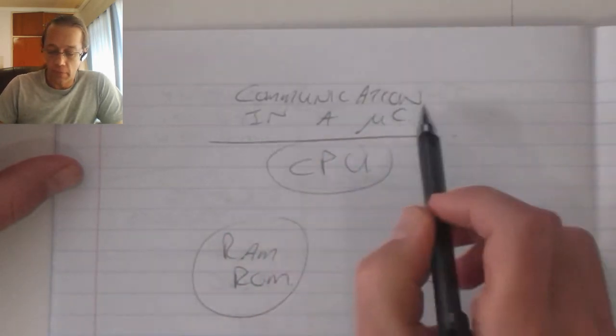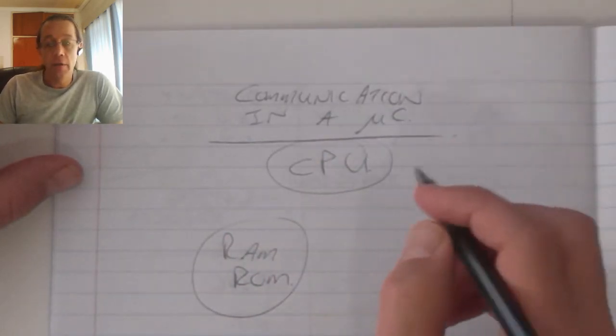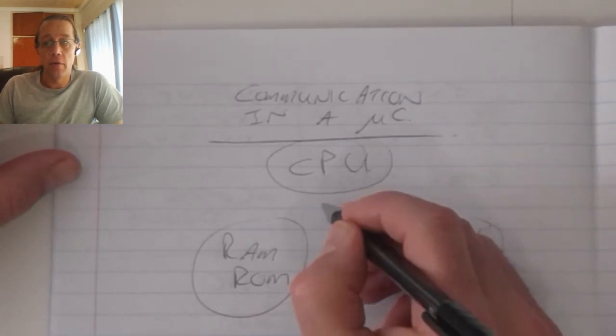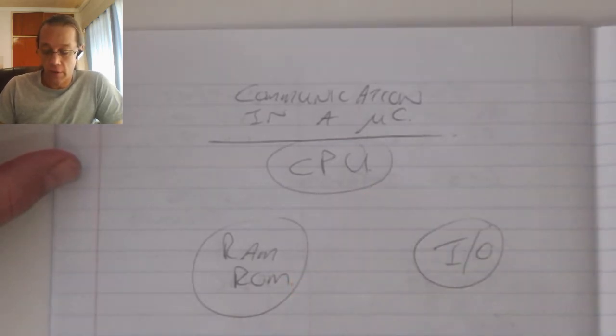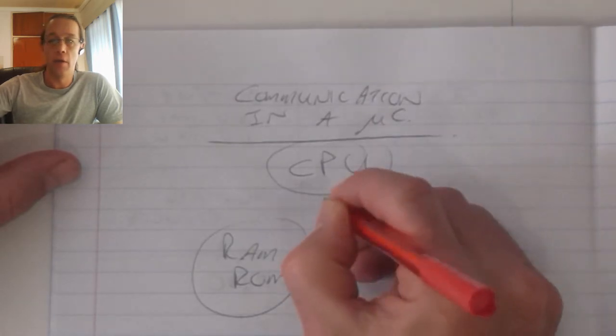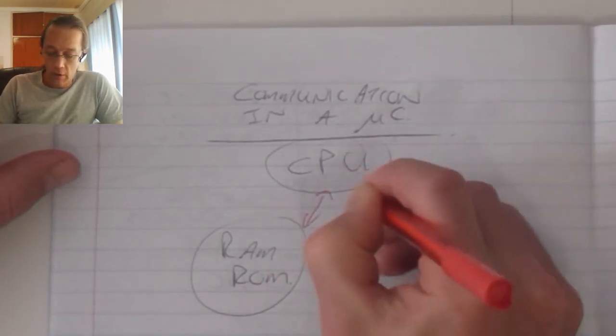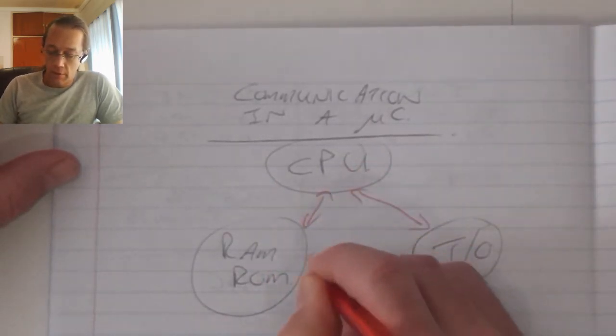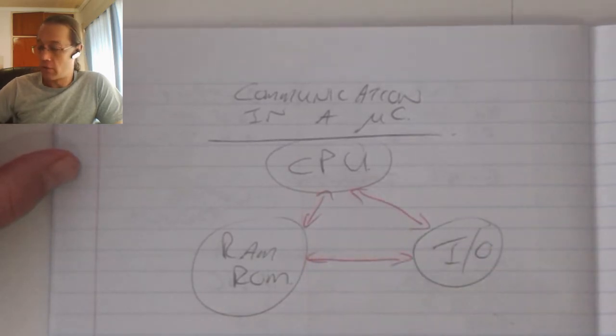Now, the communication in the microcontroller refers to the transfer of data, logic 1s and 0s, from one of these internal devices to another.